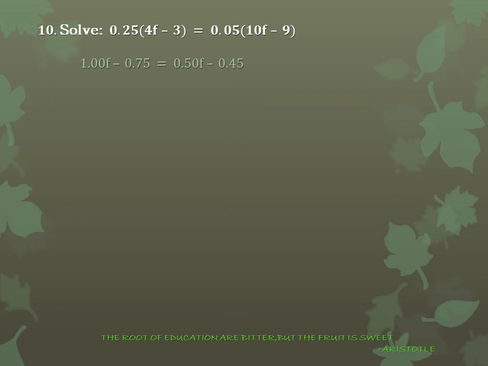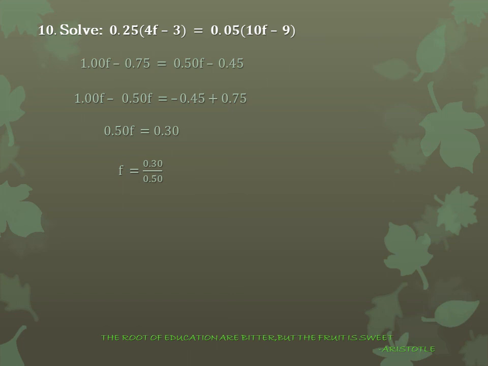Then we will get the LHS as 1.00f minus 0.50f is equal to negative 0.45 plus 0.75, which implies 0.50f is equal to 0.30, which implies f is equal to 0.30 divided by 0.50.